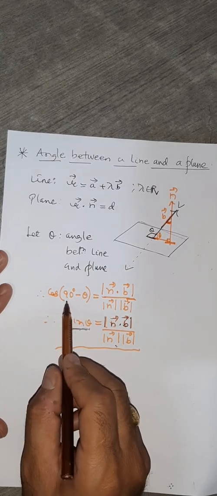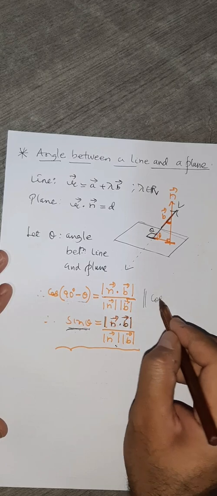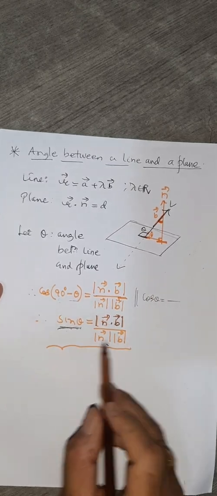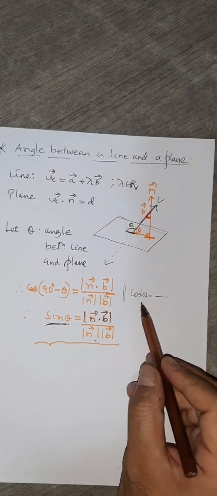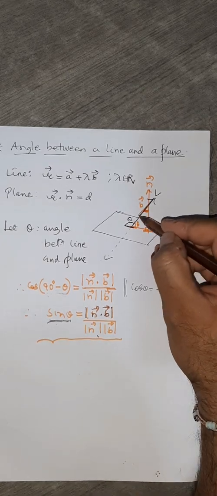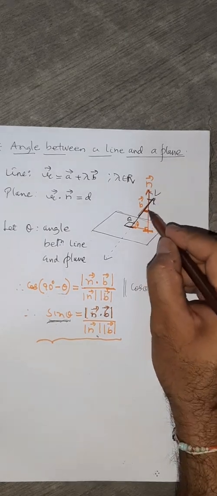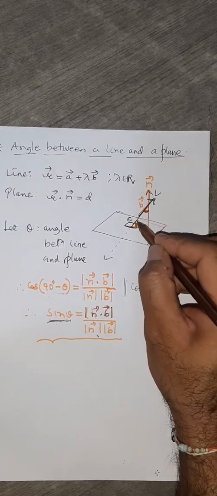Why is this 90 minus theta? We have used the same formula from vectors, cos theta equals that expression. But here, instead of theta, the angle between these two vectors, which two vectors? That is vector B, the direction of the line, and the normal to the plane, is not theta. Theta is here, remember.